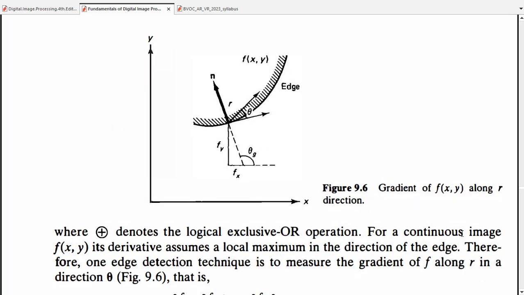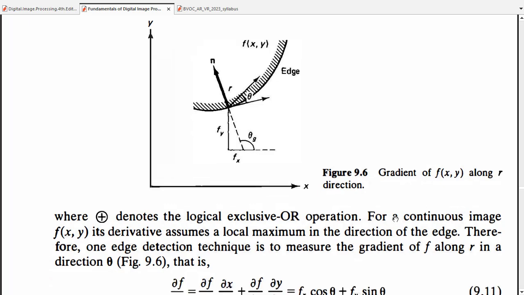In this, the gradient of f(x, y) is taken along a direction at angle theta with radius r, and the plus or circle symbol denotes the logical operation.